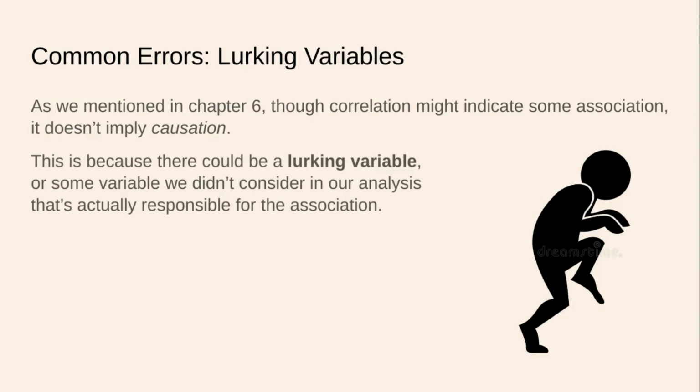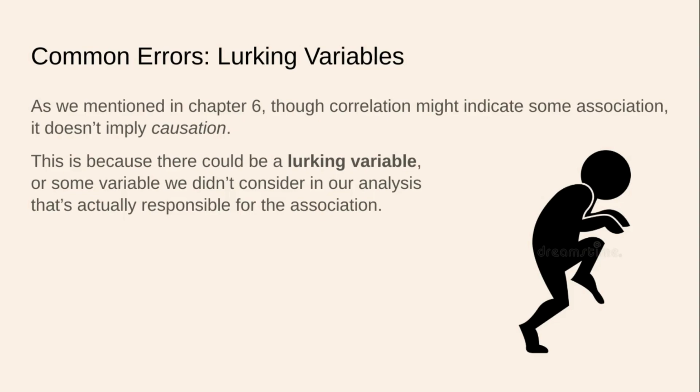There could be what is called a lurking variable, some variable we are not considering in our analysis that is actually responsible for the association. As our lurking variable changes, the explanatory and response variables respond not to each other, but to that lurking variable.